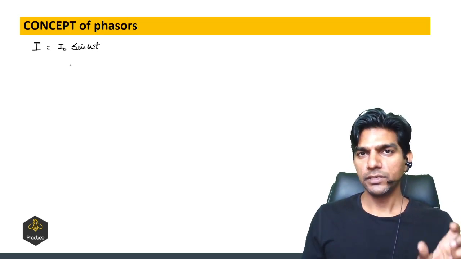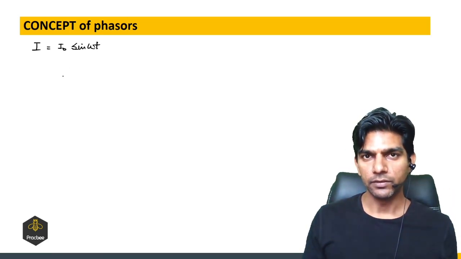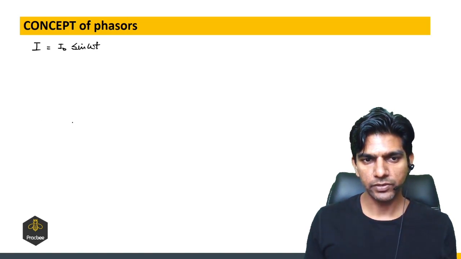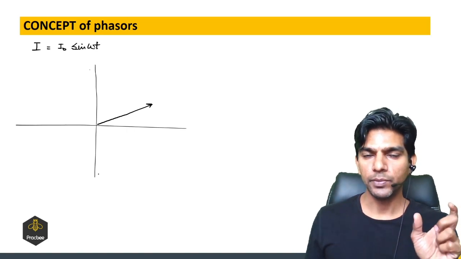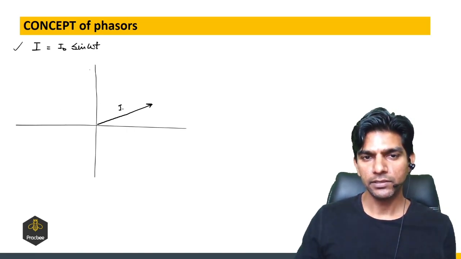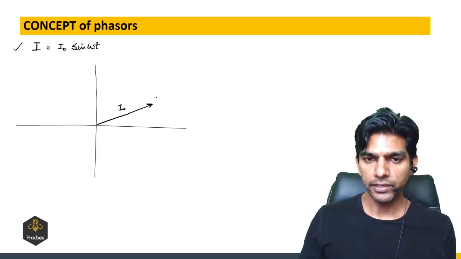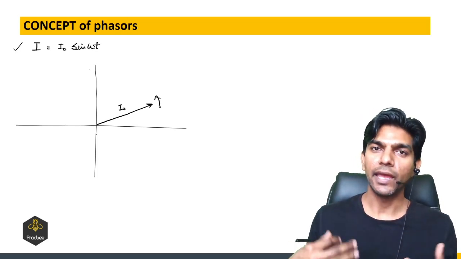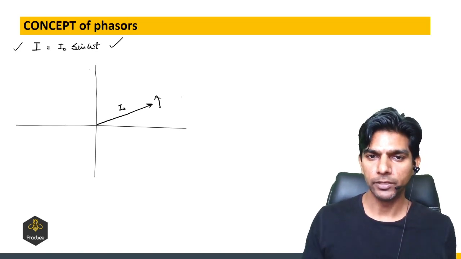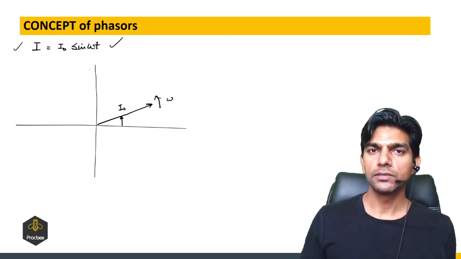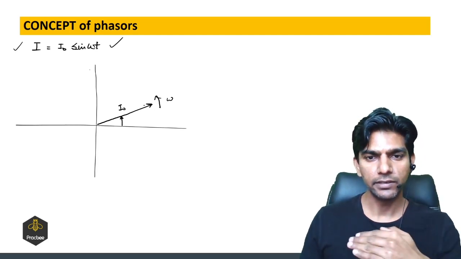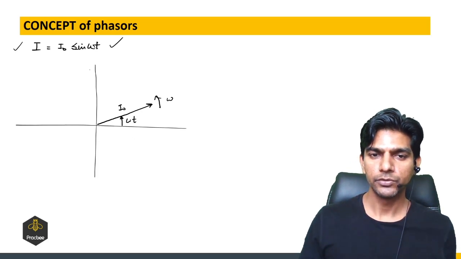If I represent this sinusoidally varying physical quantity with a vector, let us say this is the reference line, and there is a vector whose length is the same as the peak value of this function, so the length is I naught, and this vector is rotating with an angular velocity which is the same as the angular frequency of this physical quantity, which is omega. So in time t, the angle made by this vector with the x-axis, or the right direction, will be omega t, because theta is omega t.